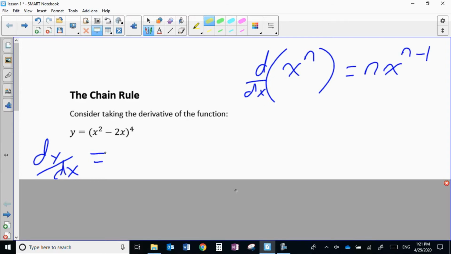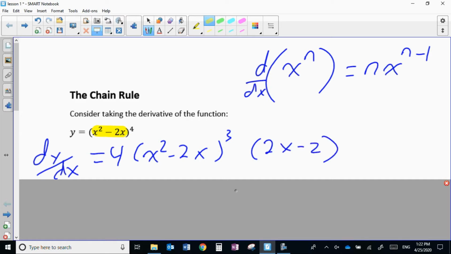And I told you, well, if the base of the power was some other function, then what you could do is you could apply the power rule and then multiply that by the derivative of the base, in this case x squared minus 2x, which gives you 2x take away 2. Of course, you could simplify that or do whatever else you wanted.